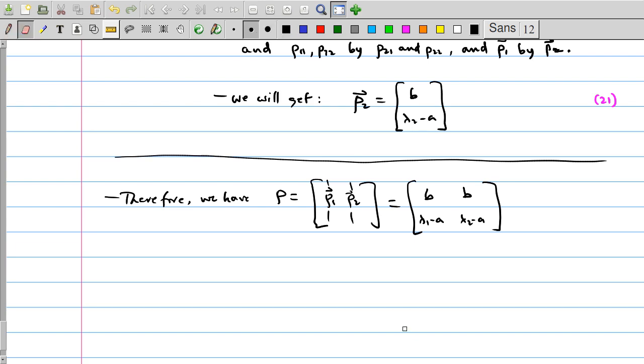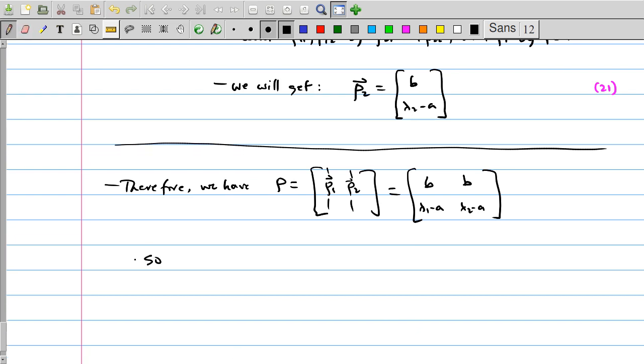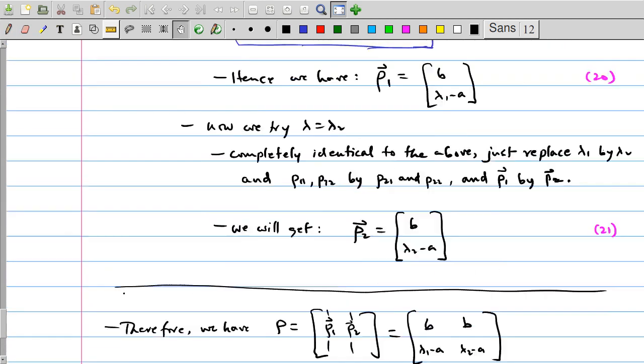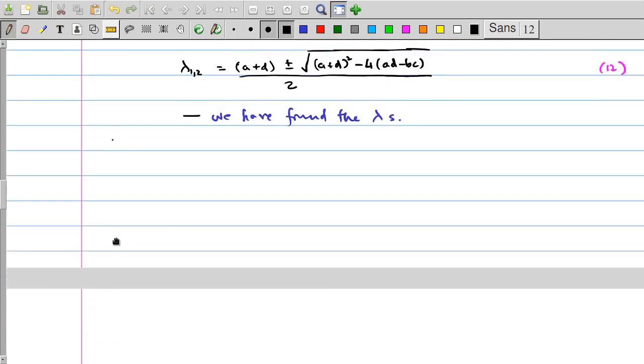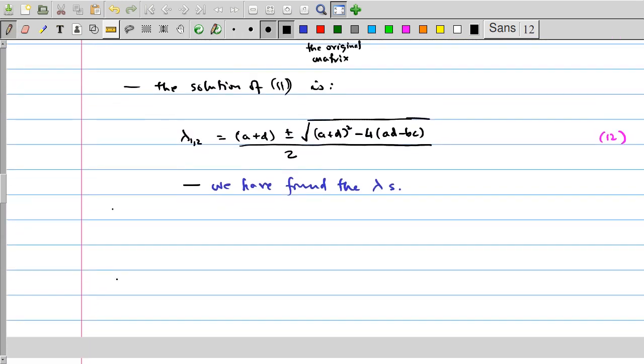So A equals P lambda. Did we define lambda? No. It's just lambda 1, lambda 2. We haven't defined it. Okay, we can define it here, there's some space. Define lambda equals lambda 1, lambda 2, 0, 0.